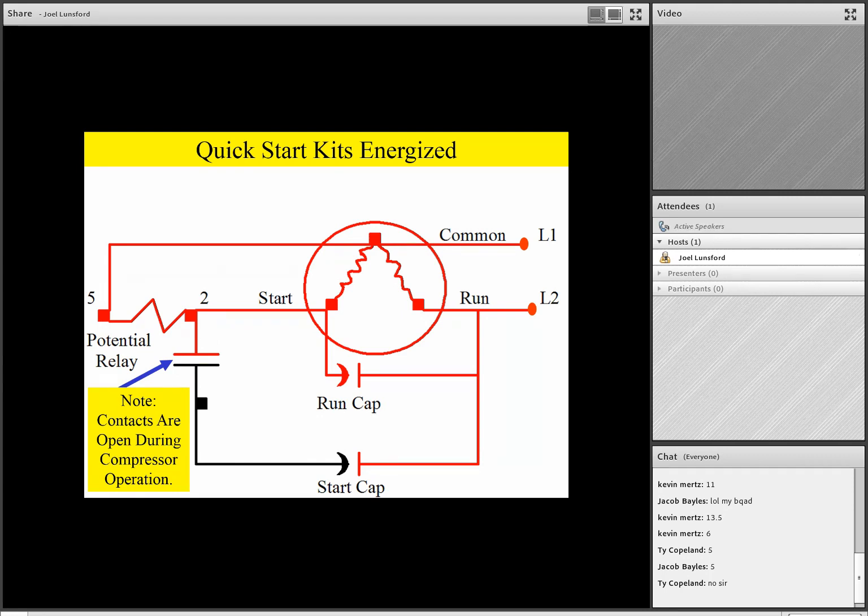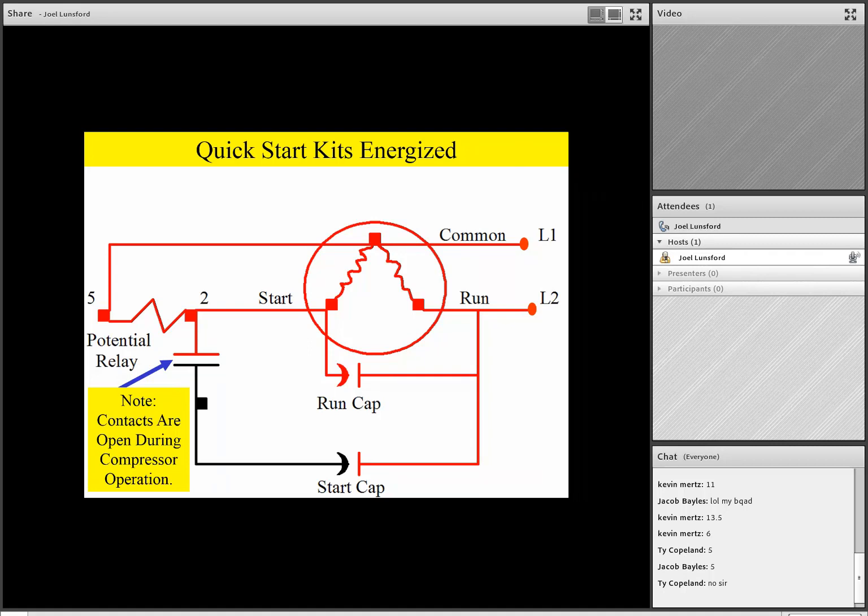That start winding voltage oftentimes is 1.5 to 2 times higher than line voltage. But we can use that high start winding voltage to energize a potential relay coil between terminals number 2 and 5, and once the motor comes up to speed, we'll then open the potential relay contacts between terminals number 1 and 2 and take the start capacitor out of the circuit.